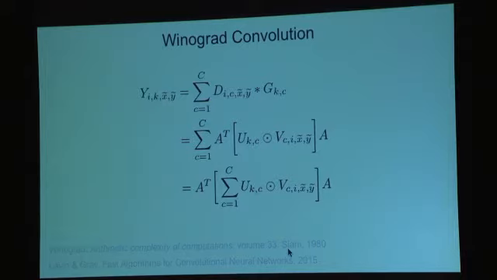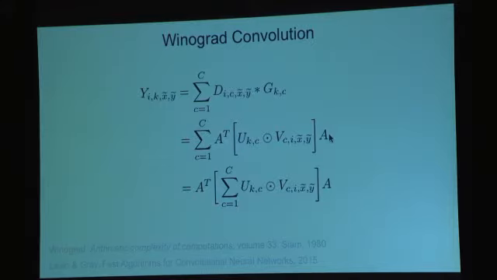You just find a library that does it. And so basically what you're doing is the same thing. The U and V here are the kernel and the input image transformed by the forward Winograd transformations. And then the application of multiplying by A, the A transform, is the inverse transformation.